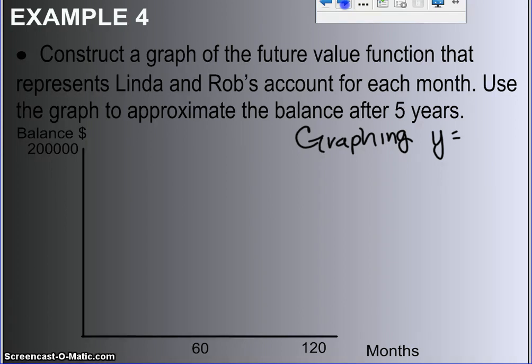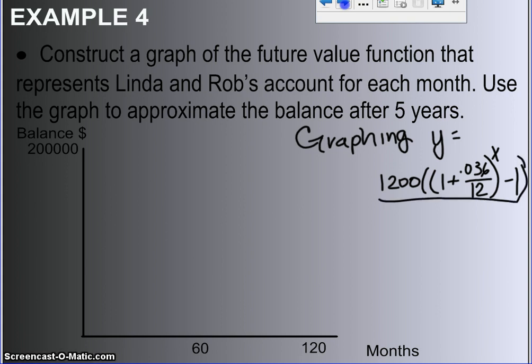So 1,200 times 1 plus 0.036 over 12, all to the 12x power, minus 1, and the whole thing divided by 0.036 divided by 12.